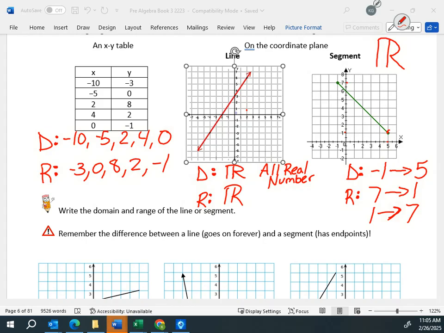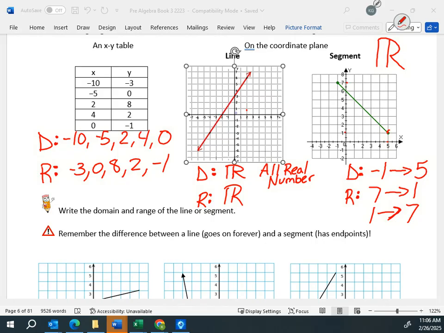It's just showing that it goes between 1 and 7. I would accept it either way. My brain doesn't like to go from big number down to small number. I like to go from little to big. It just makes more sense to me. It means the same thing. Sometimes it's just easier to say from left to right, so 7 to the 1.